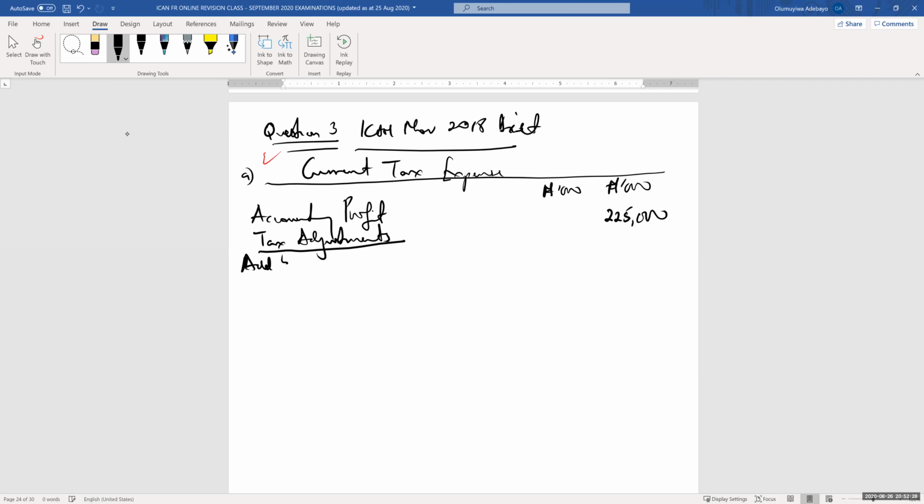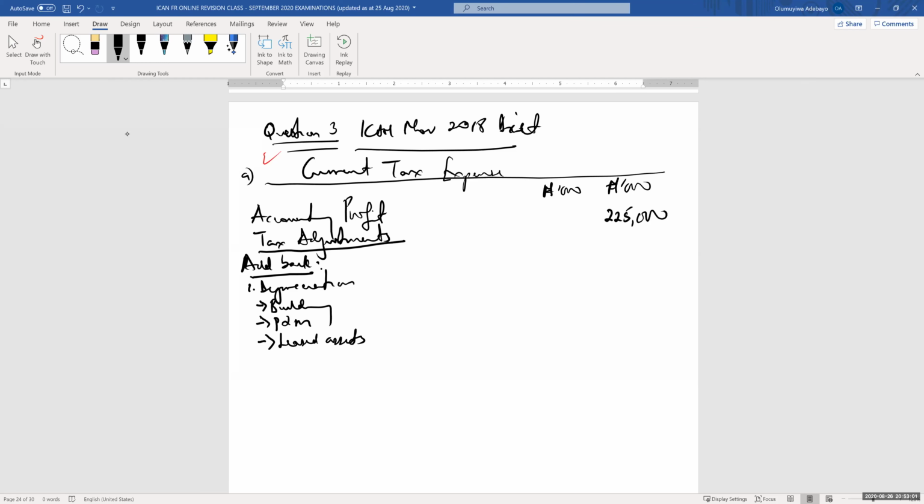Therefore, we add back the following. 1, depreciation. And we have depreciation for the following: building, 2, plant and machinery, and 3, lease assets.